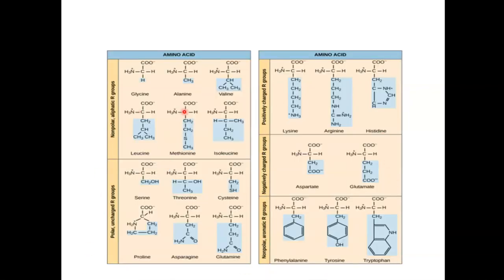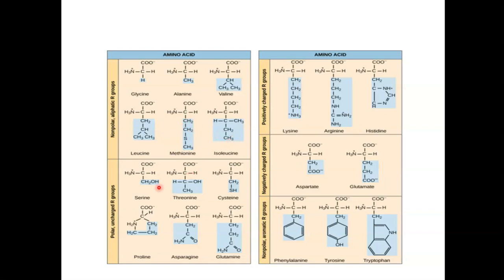Here is the structure of amino acids. From this structure, it is very clear which special group is present in each amino acid. We discussed simple amino acids, glycine and alanine. We discussed branched chain amino acids: valine, leucine and isoleucine.